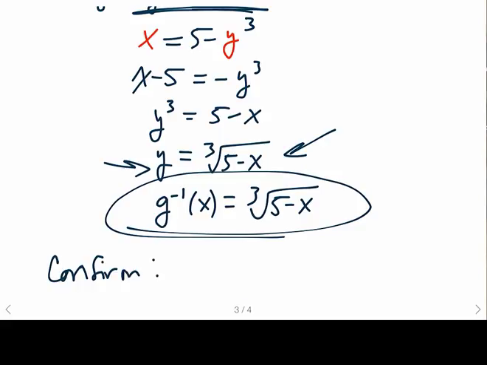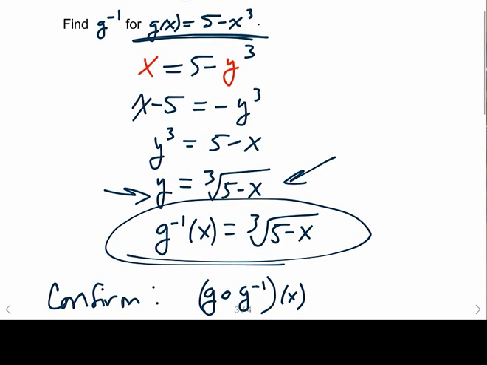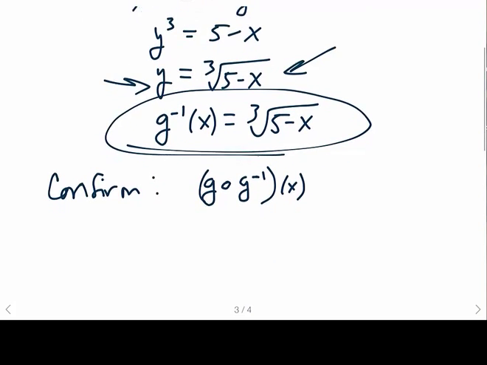And we're going to do so through composition. We're going to find g composed with g inverse of x and see that we pop out x, as we saw we could do a few minutes ago. I'm going to scroll back up. g is 5 minus x cubed.